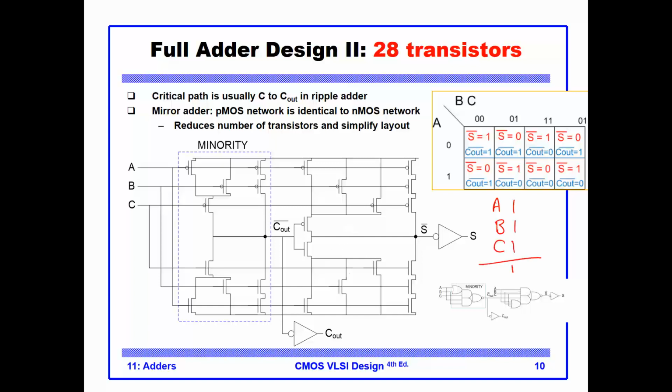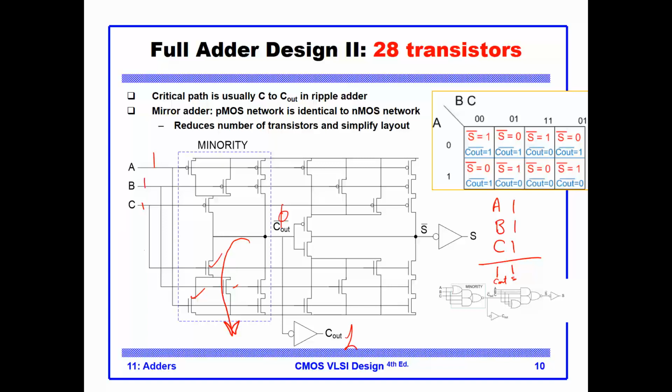So I'm supposed to get a sum of 1 and a carry out of 1. So this is sum and this is carry out. Let's see how the circuit reacts. So this is 1, 1, 1. You can see here that we will drain the C out prime to the ground because this will be on. So this becomes a 0, and then the C out is 1.